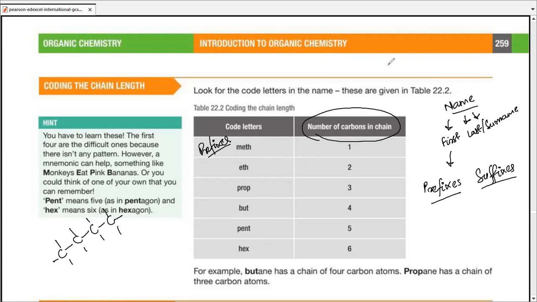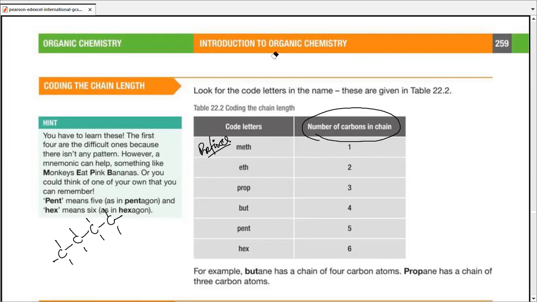So we're going to go with the naming criteria given over here, and we're going to do something extra as well. If there is one carbon atom in the chain, we're going to go with the prefix meth. Two carbon atoms, eth; three, prop; four, but; five, pent; hex is for six; hept is for seven; oct is for eight; non is for nine; and dec is for 10.